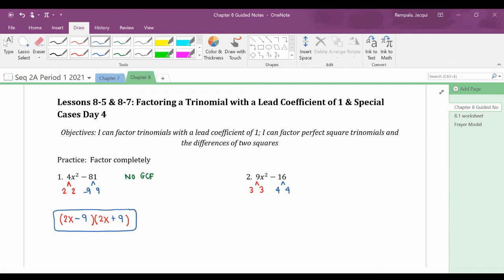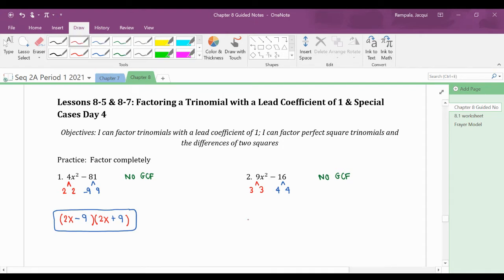Technically, if I try to break down that 4 even more, we'd get some 2s. But if I'm looking for a GCF, a 2 and a 3, or even a 4 and a 3, they don't have anything in common. Okay, because the 16 doesn't have any variables, there are no numbers or no letters that they both have in common. So once again, there is no GCF.